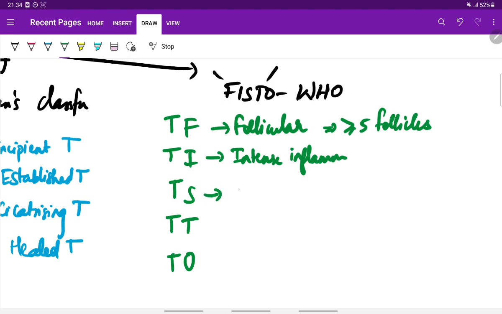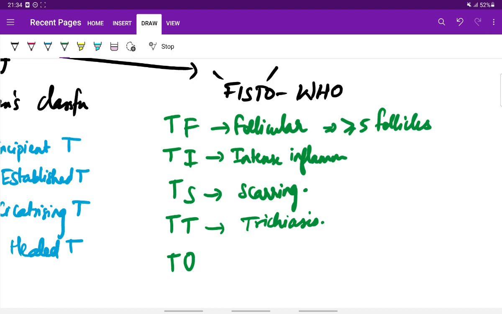Next, TS. S stands for scarring. Scarring in the tarsal conjunctiva. And also there is presence of Arlt's line, as we have seen already. Next is TT. TT stands for trachomatous trichiasis. Trichiasis is nothing but misdirection of the cilia, that is the eyelashes.